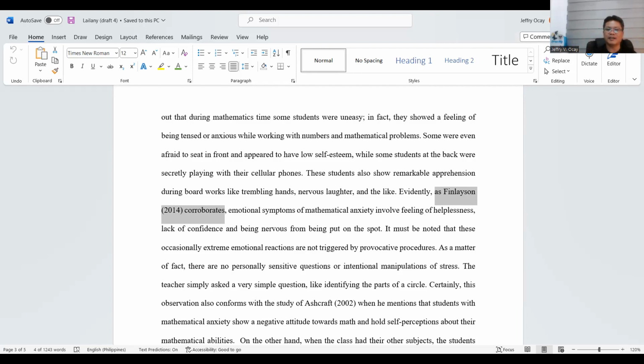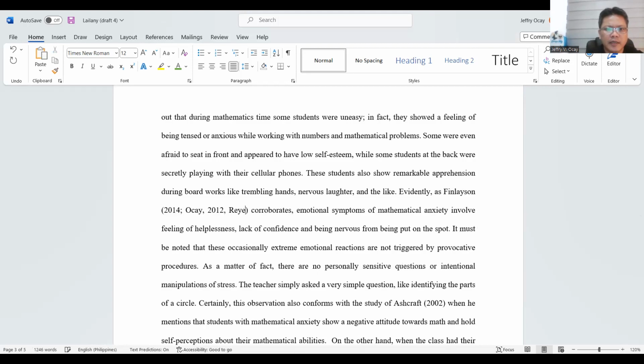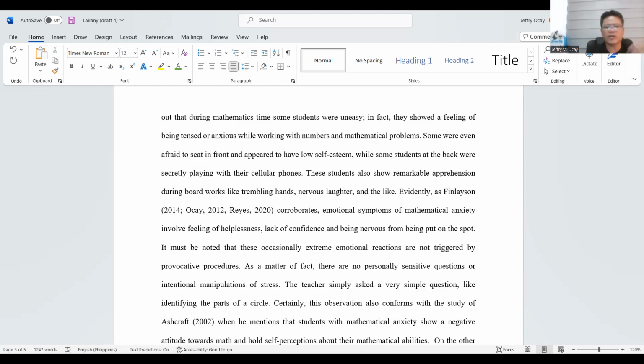So that's why we have to cite literature. As you can see, our background of the study is not replete with citations. Some would say, Finlayson 2012, Reyes 2020. You don't have to do that.